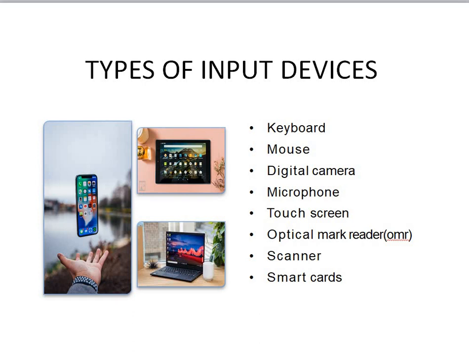All these things we have seen in the first unit. So in this video, we will go through all these types of input devices, how they work, and what features they have.